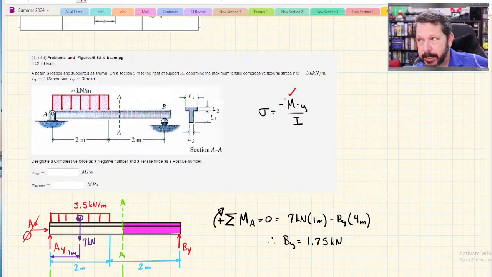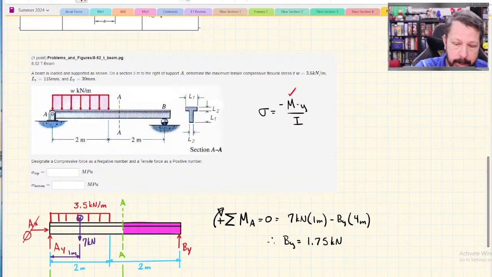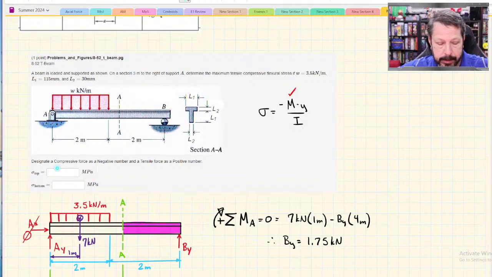This one, in the sigma equals My over I equation, is the distance from the neutral axis of our cross section to whatever point we're interested in. Remember, this problem is asking us to solve the stress on the top one time and the stress on the bottom of the beam another time.